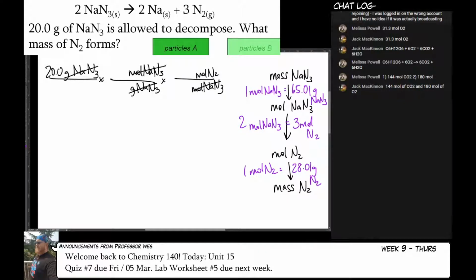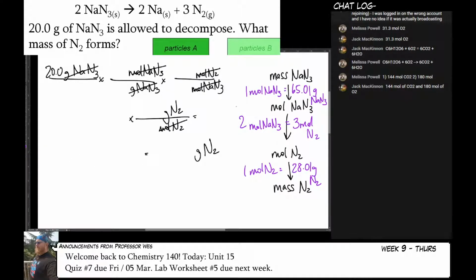Like that. And then finally, moles of N2 into grams of N2. Like that. I ran out of space, unfortunately. So that's the unit that's left over, this grams of N2. So that's going to be the units of my answer.